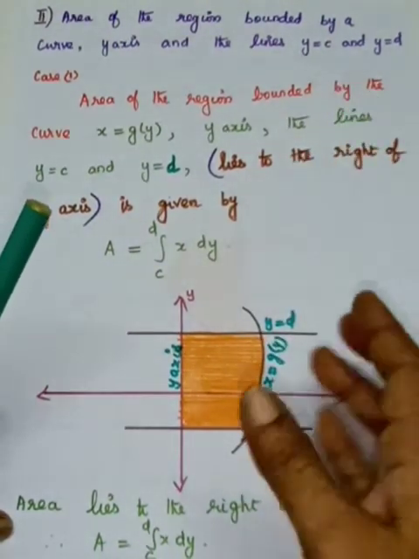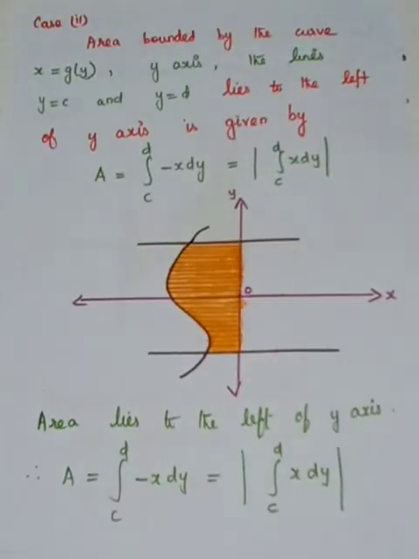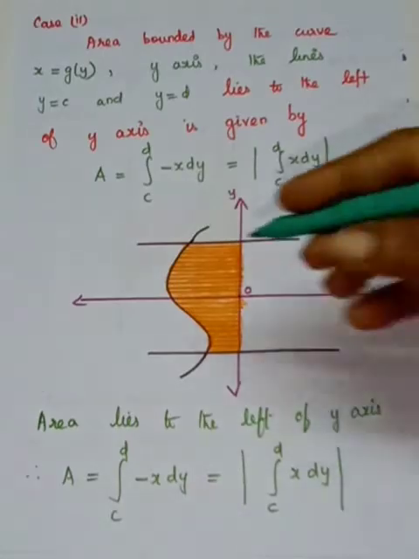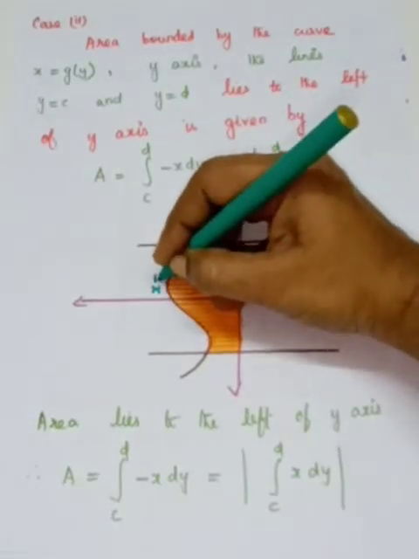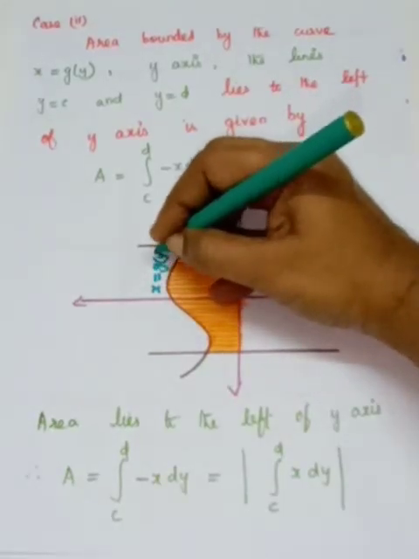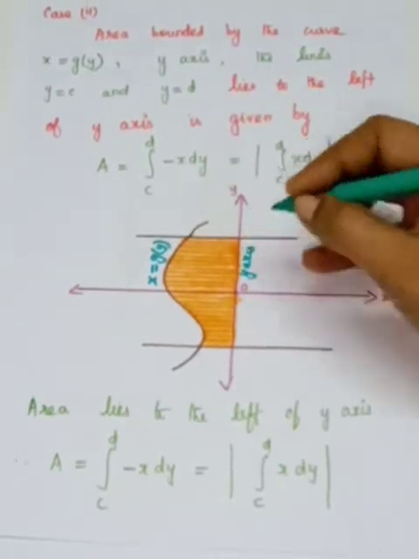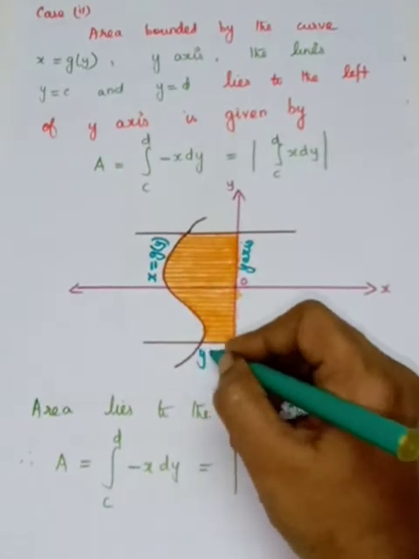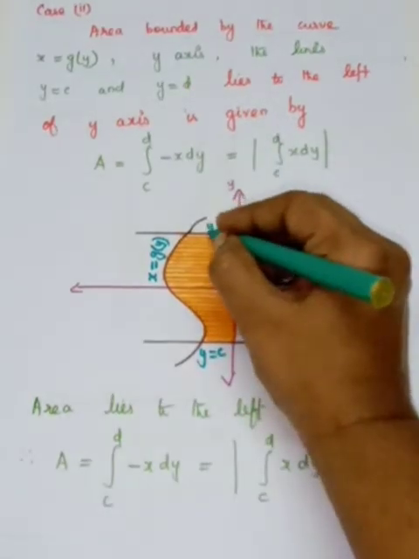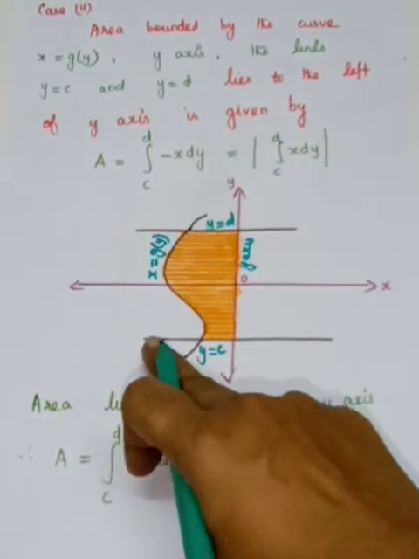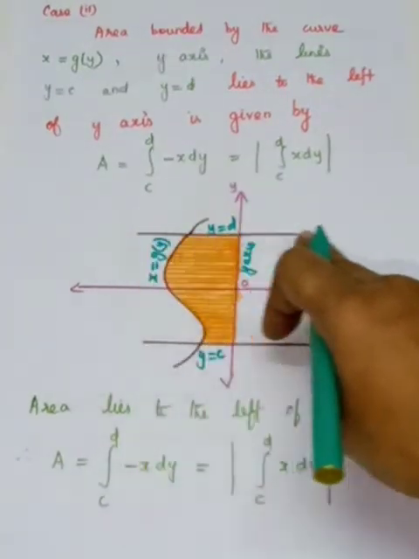The same area lies to the left of the y-axis. You see that the area is bounded by the curve x is equal to g of y and the y-axis, and the limits vary from y is equal to c to y is equal to d. y is equal to c means this line and y is equal to d means this line.